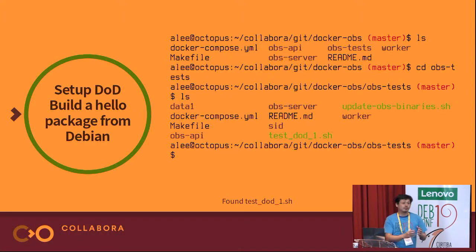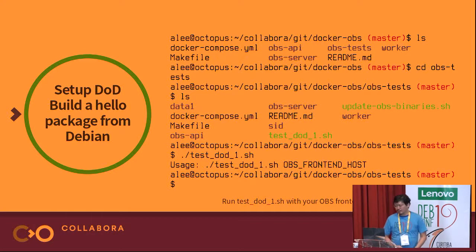So when you do the source upload, the DoD will calculate what kind of build dependencies are required, and then it will pull them automatically in the background from the mirror you configured in the web UI. Then it posts those build dependencies and starts the build. After the build, it will publish. So here is a script.